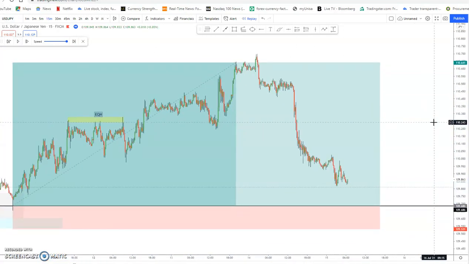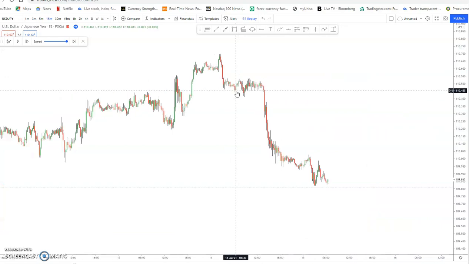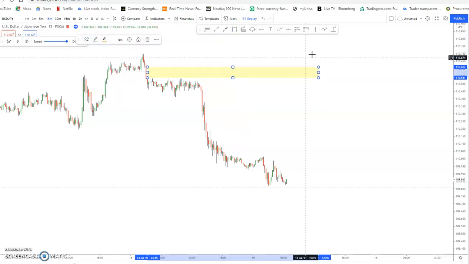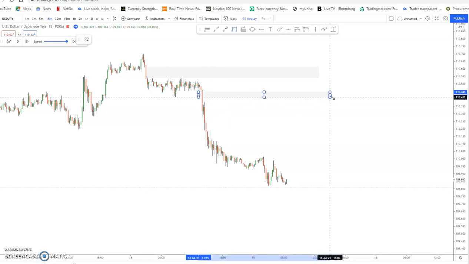So you can also see the market's always creating imbalance. So basically that's an imbalance. This is an imbalance.